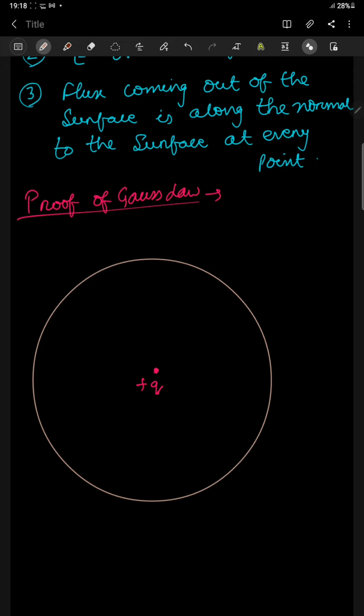Since I have told you the properties of the Gaussian surface, the electric field lines must come out normally from the surface. So this is the electric field direction. It is quite obvious because it is plus q, and the radius of this Gaussian surface is r vector.